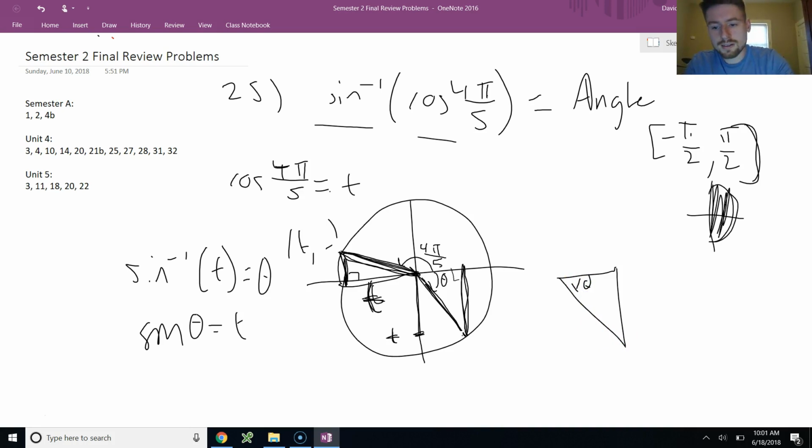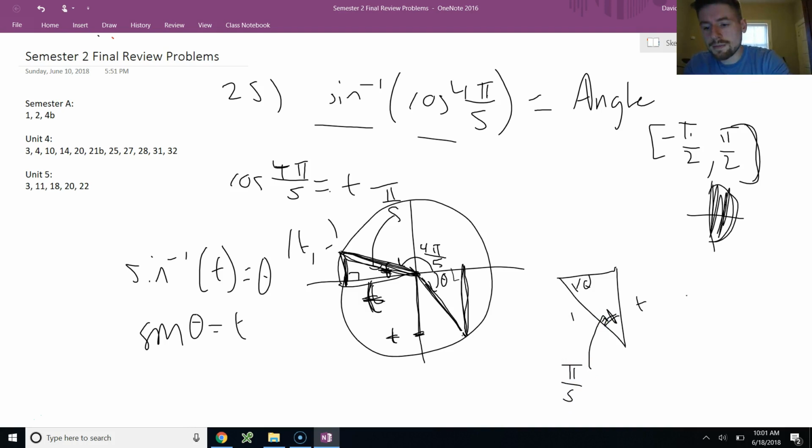We know that this side length is t, and that's 1, and so the angle here is congruent to this angle because they're the same triangle, just turned. And this angle is pi over 5, since it is what's left if you were to get all the way to pi. So this angle here is pi over 5.